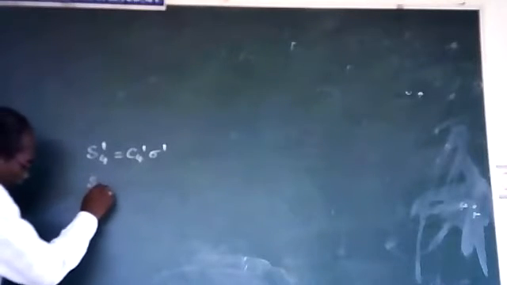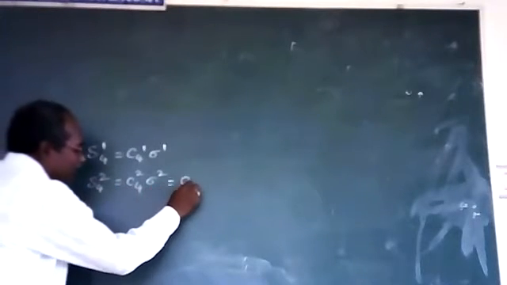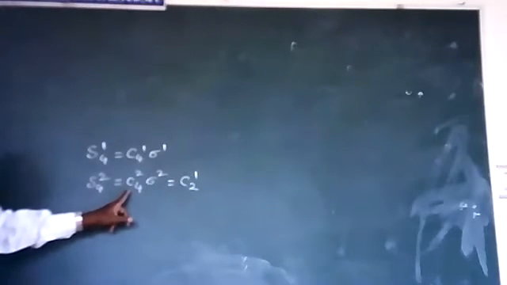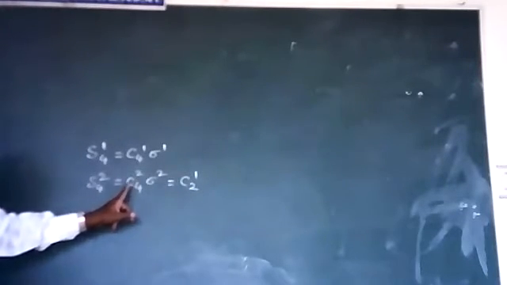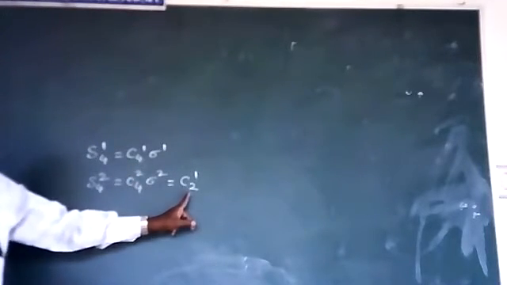When S4 is done twice, I can write it like this: C4 twice, sigma twice. C4 twice is nothing but C2 once. C4 means a 90 degree rotation, done twice, therefore a 180 degree rotation, which is a C2 axis.